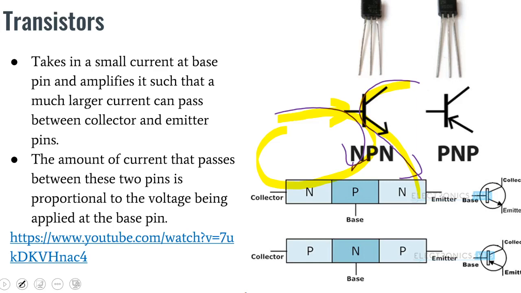In the context of this course, what you need to remember is that this property of transistors can be used as a switching mechanism to allow a particular circuit to switch on when another part of the circuit is active. So these are some of the ways that we may use transistors in our projects.